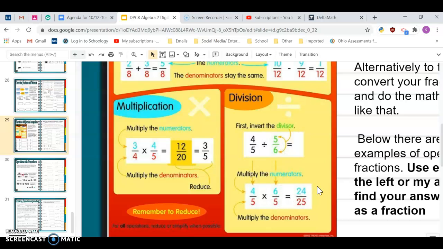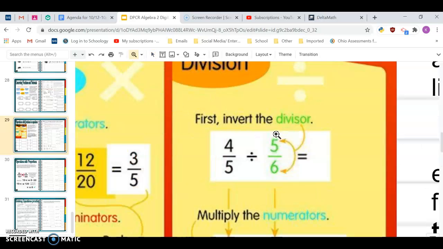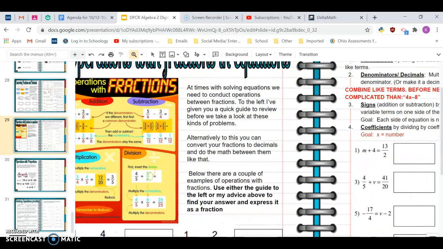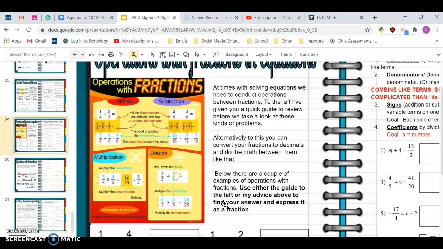You might also know this as keep, change, flip. So that is what you need to do for those different operations. I'll also give you a quick aside: alternatively, you can convert your fractions into decimals, and then do the math between them in those forms.